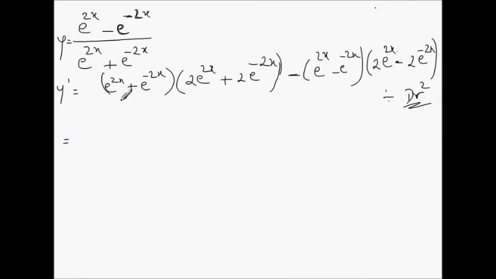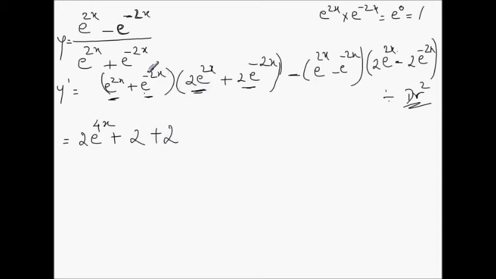Let's simplify the numerator. E power 2x times 2e power 2x becomes 2e to the power of 4x. E power 2x times 2e power minus 2x becomes 2, because e power 2x times e power minus 2x is e power 0, which is 1. So it becomes 2. And next term is e power minus 2x times this would be again 2, because minus 2x and plus 2x in the power.